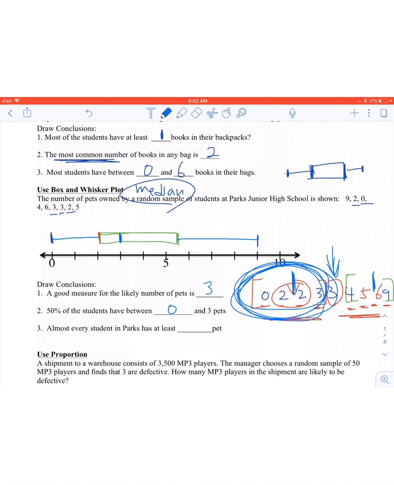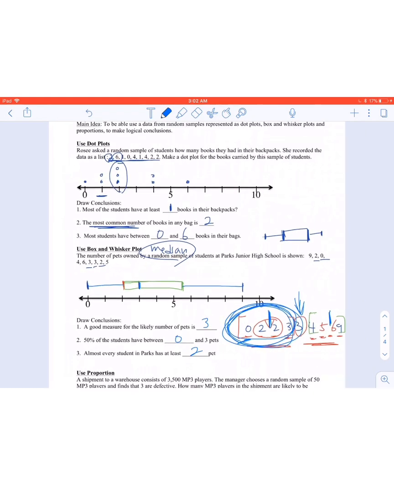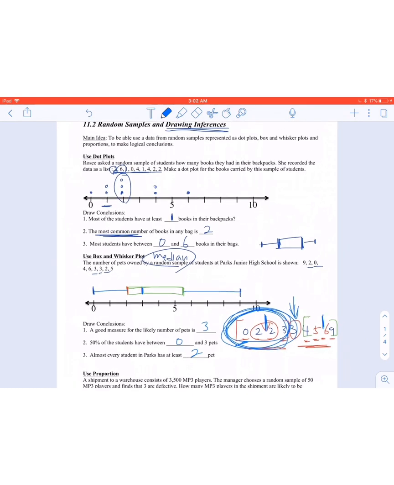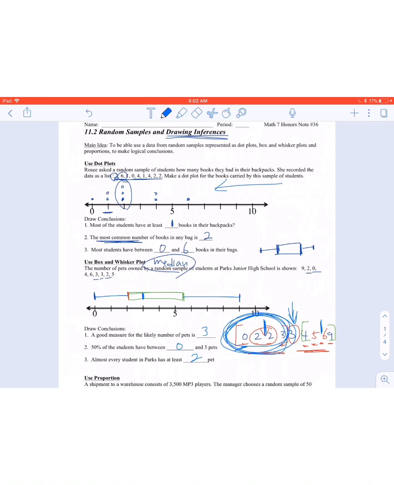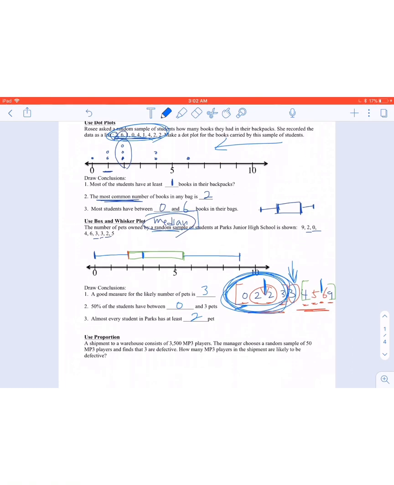Almost every student, except for the student at 0, has at least 2 pets. So a dot plot uses dots, putting dots on the numbers provided, and a box and whisker plot uses the median of these numbers.